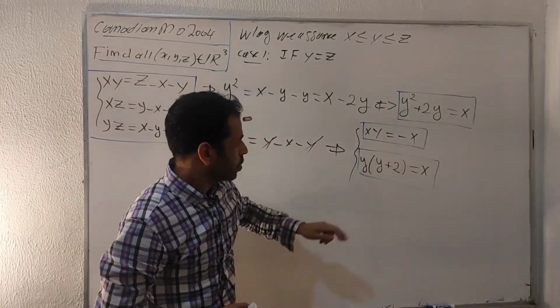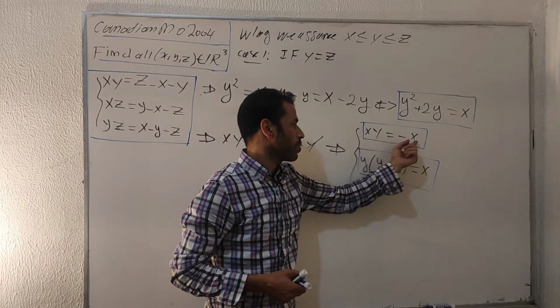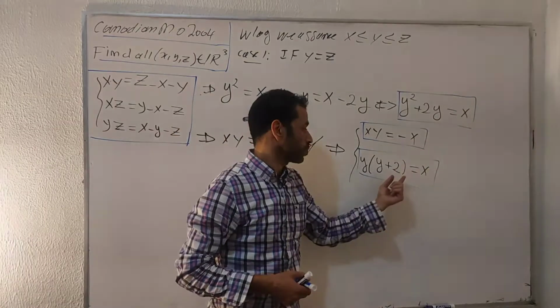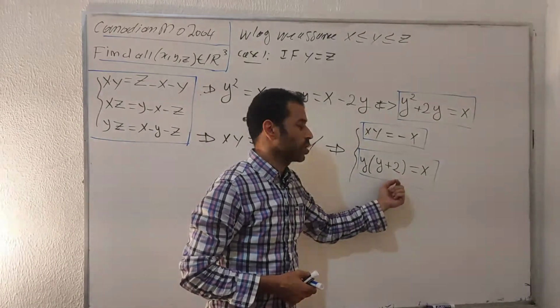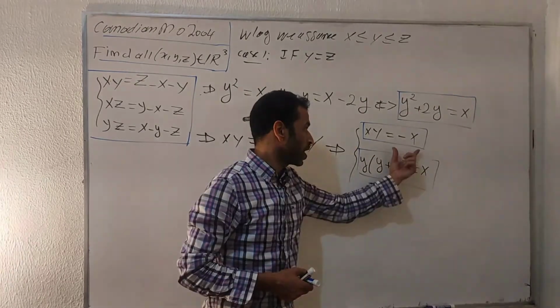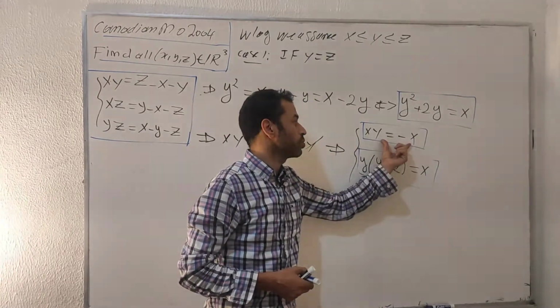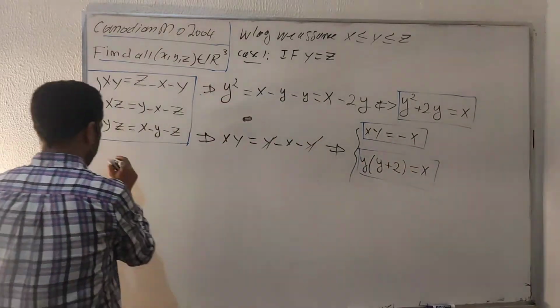To divide by x, we must have x different than 0. Let's break this into two cases. If x equals 0, we are going to use this equation. If x is different than 0, we are going to use this equation, because we divide both sides by x.